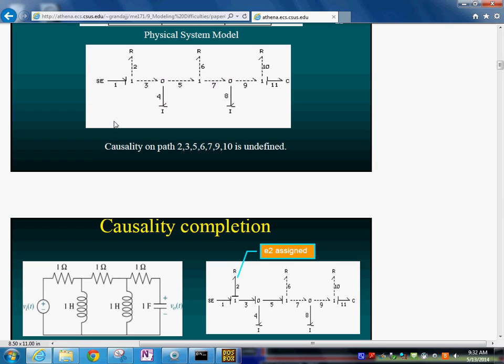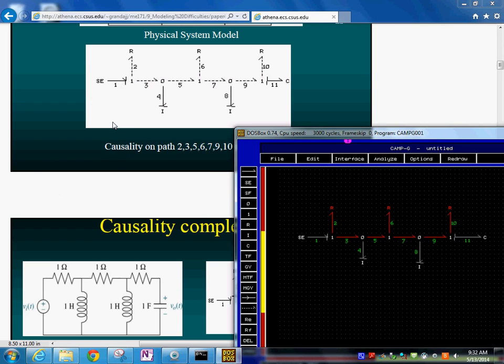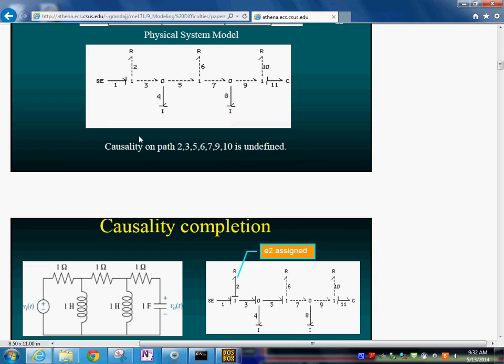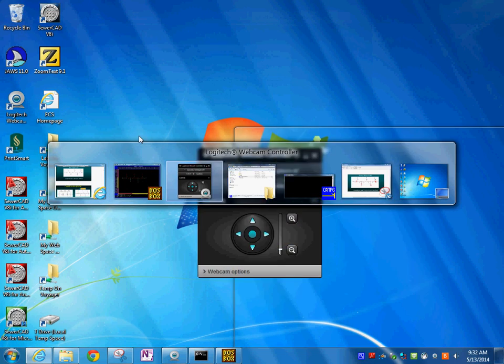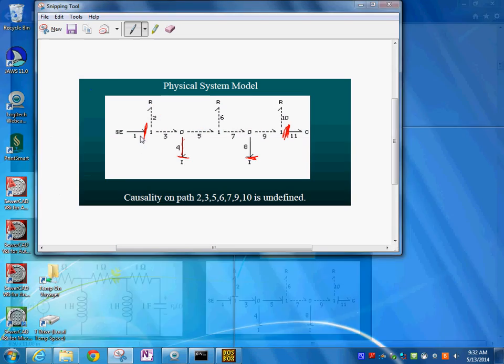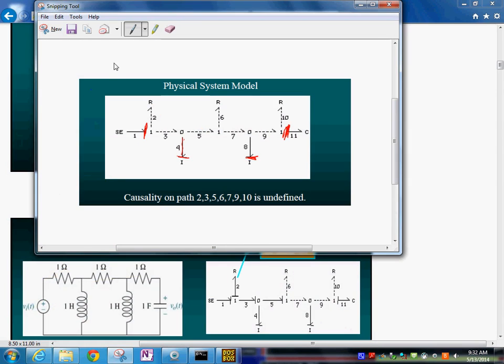And in fact, where is the little drawing I did? Yeah, right there. Let's say I do with blue the ones that I arbitrarily assign.